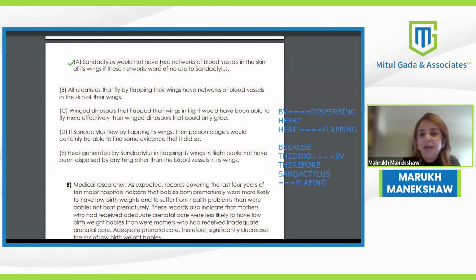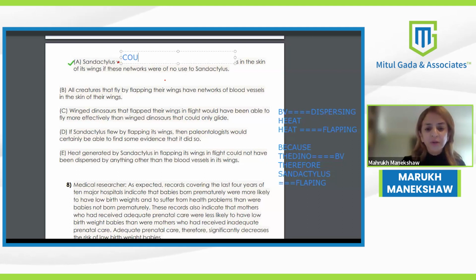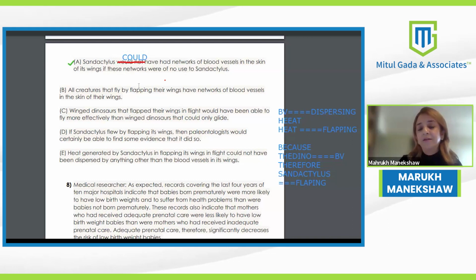Syndactylus would not have had networks of blood vessels if these networks were of no use. Let's negate it. Let's change this "would" to, let's say, "could." And of course, the "not" goes away. So let's delete that. And we're saying that the dinosaur could have had networks of blood vessels, even if these networks were of no use.